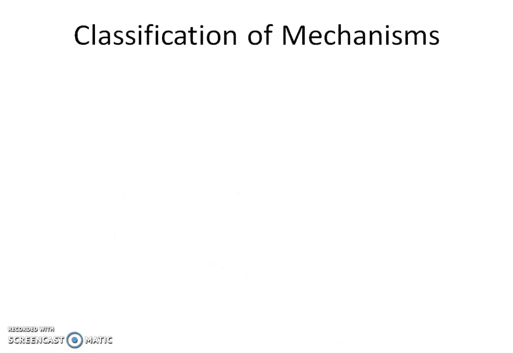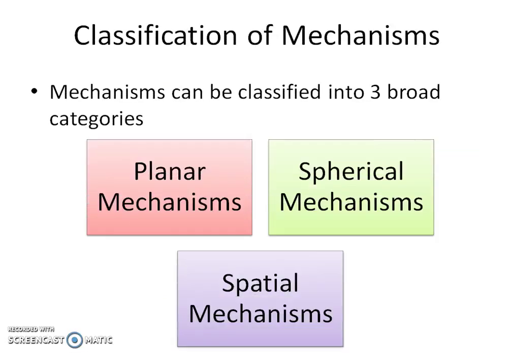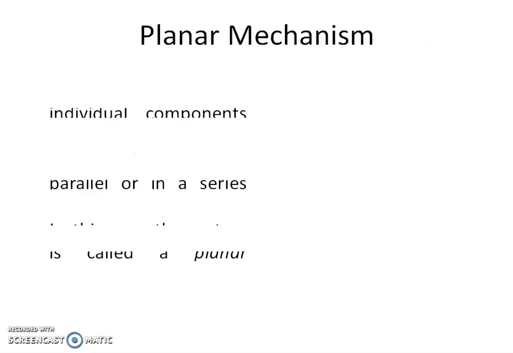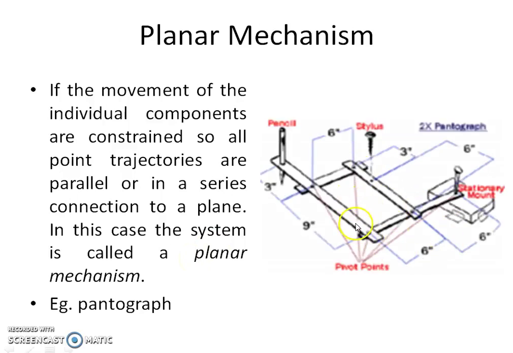They may be broadly classified under 3 categories: planar mechanisms, spherical mechanisms, and spatial mechanisms. A planar mechanism has all the components constrained to move in a single plane or parallel to a single plane. Then it is called a planar mechanism. The best example is a pantograph, in which you can see that all the links are moving in a single plane.